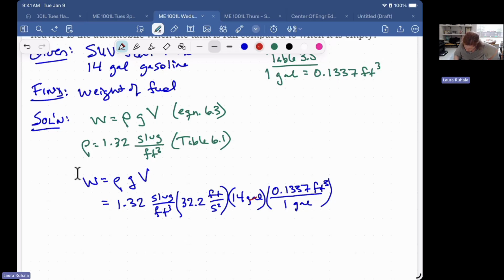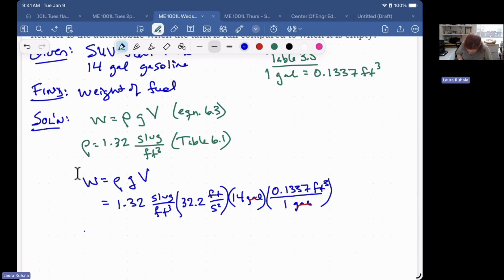So let's cross off our units, and I'm going to stick this in my calculator. So I have 1.32 times 32.2 times 14 times 0.1337. Hold on, I did something wrong. 1.32 times 32.2 times 14 times 0.1337. That looks better.